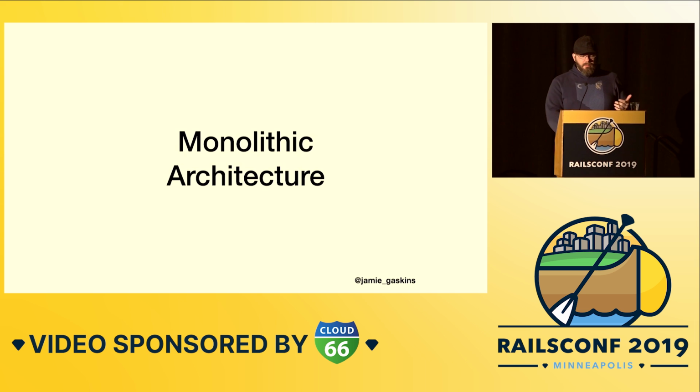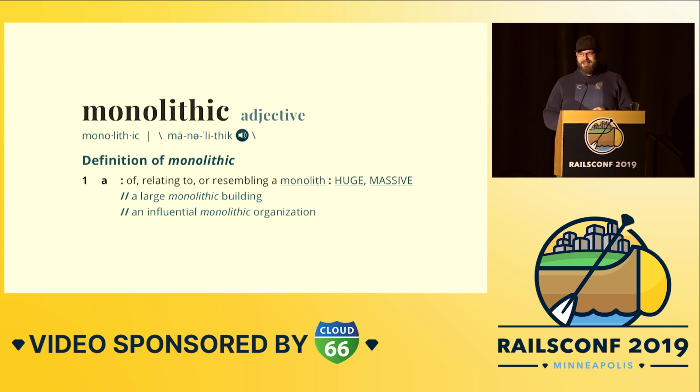When we talk about monolithic architecture, one of the things I wanted to do was grab a definition from the dictionary, which is, as is tradition with dictionaries, the word defined in terms of itself. Of, relating to, or resembling a monolith is the definition of monolithic. Thanks, Webster. But also notice that it says huge or massive.